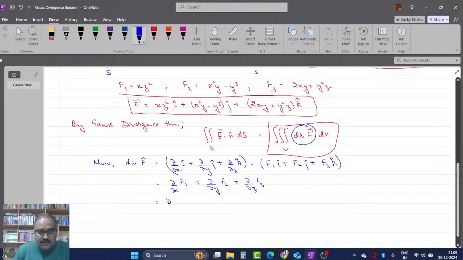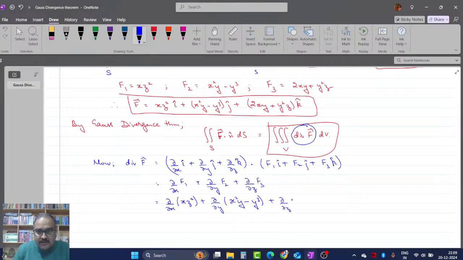That means del by del x of x z square, del by del y of x square y minus y cube, plus del by del z of 2xy plus y square z.